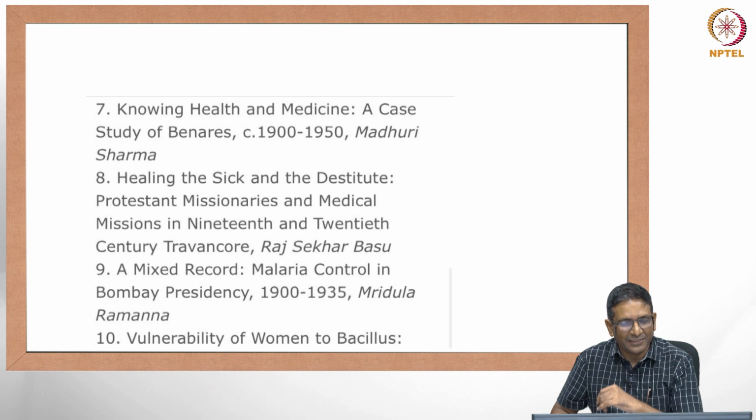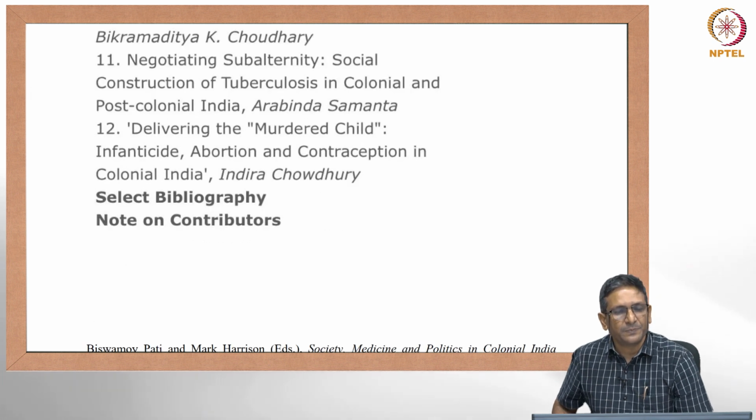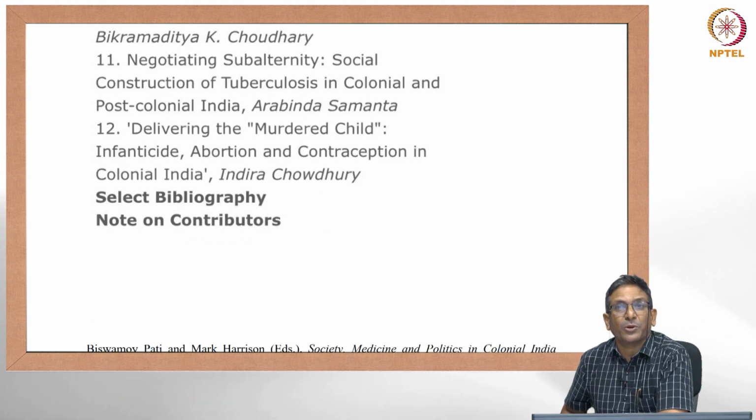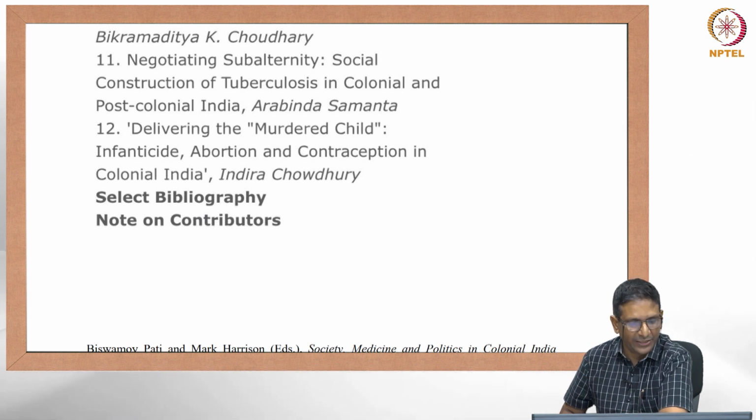Then the 10th one is about women, and particularly their vulnerability to bacillus. Then about subalternity, which we have not discussed much. About abortion, we have discussed contraception a little bit, but these will give more details.